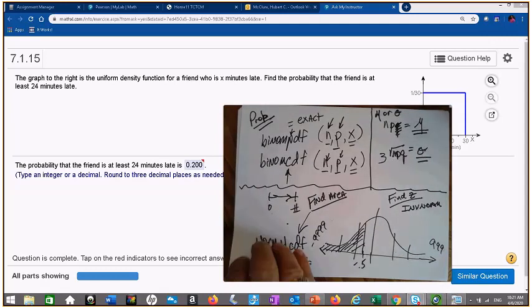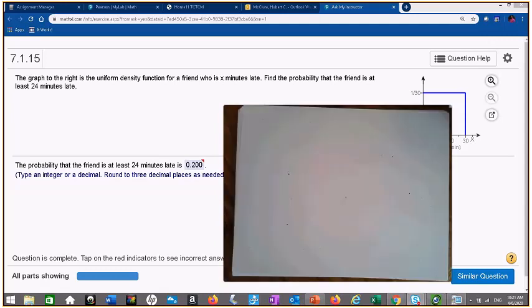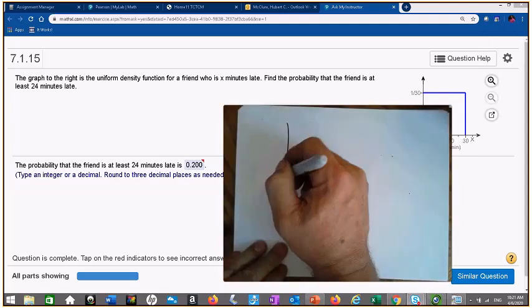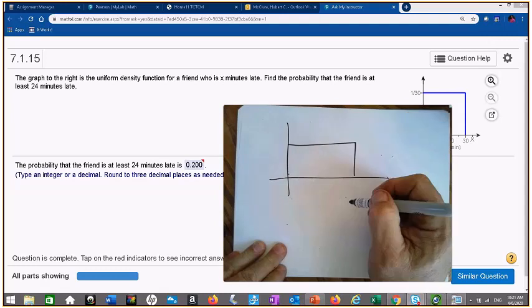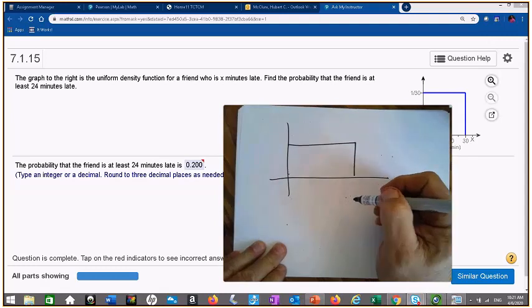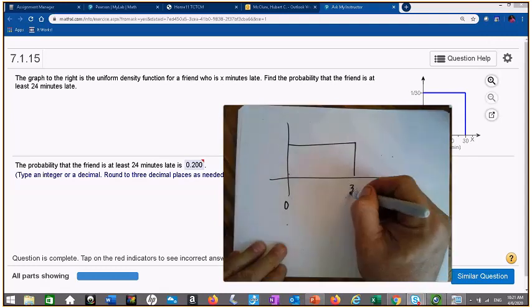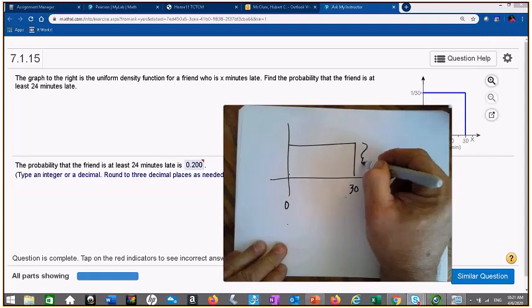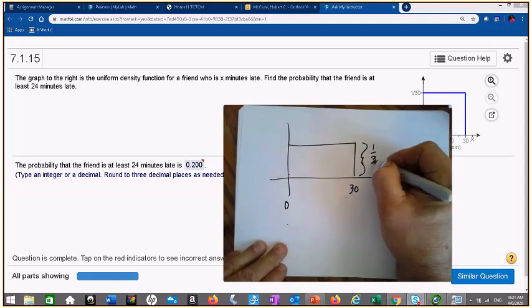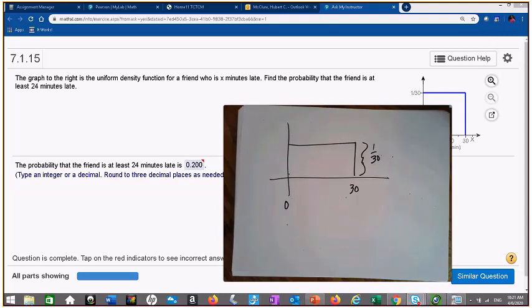Okay, here's the question that was sent in the homework. This is the only question I got. And it is uniform distribution. The base is from 0 to 30. Therefore, the height is equal to 1 over 30. And they say, what is the probability that your friend is at least 24 minutes late?